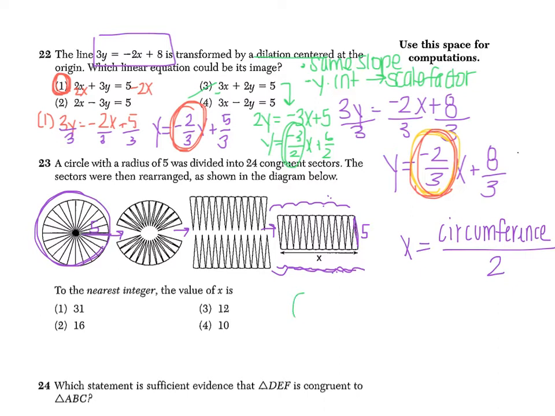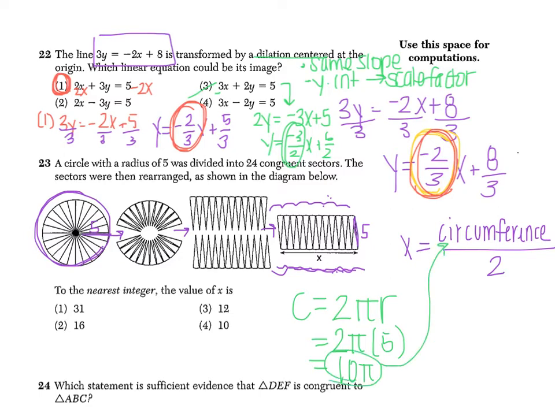We can find the circumference. Circumference of a circle is always 2 pi r. So now I have 2 pi times 5, or in other words, 2 times 5 is 10 pi. And so now when I plug 10 pi in for the circumference, I have x equals 10 pi over 2. 10 divided by 2 is 5, so now I have 5 pi.